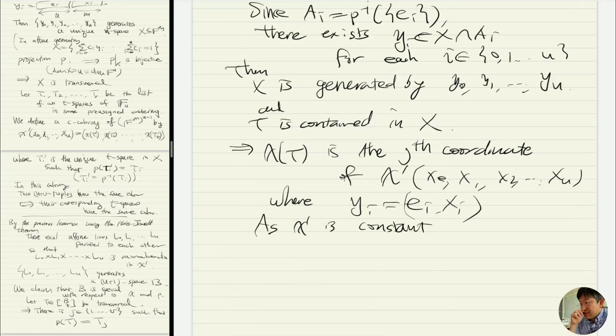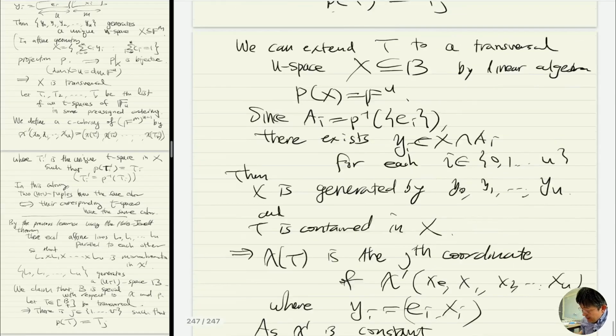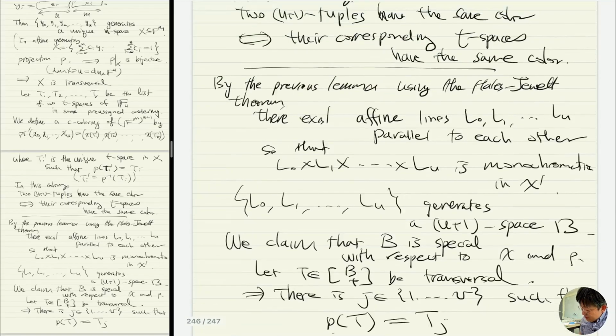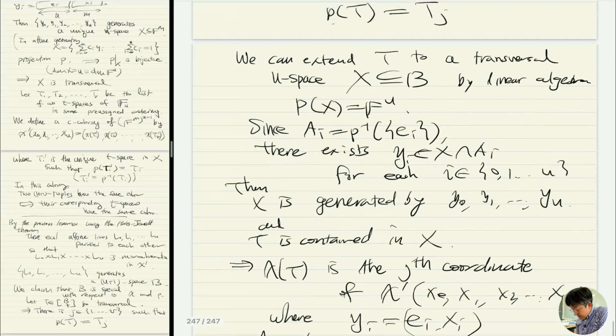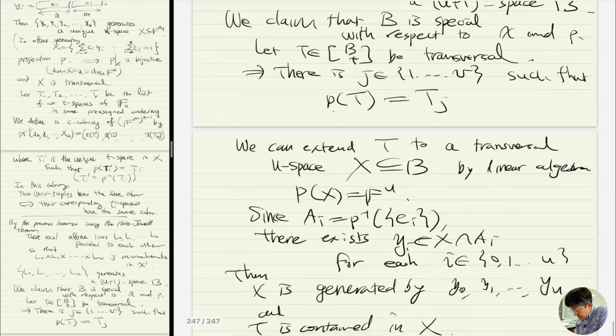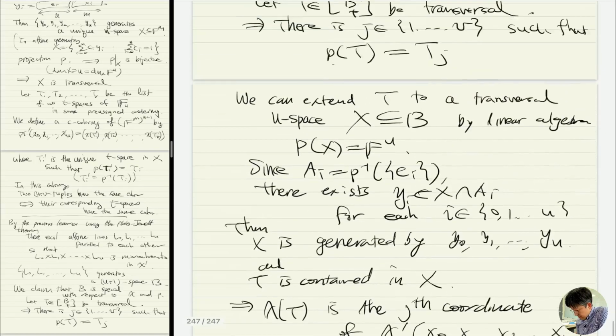Chi prime is constant by the Hales-Jewett theorem, right? And no matter how I choose X0 here, X1 here, XU there, you have the same color. Okay?